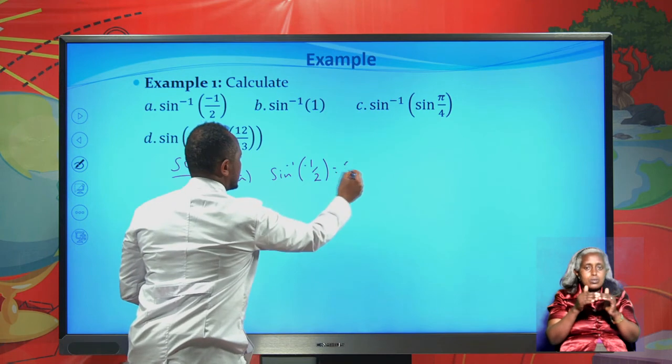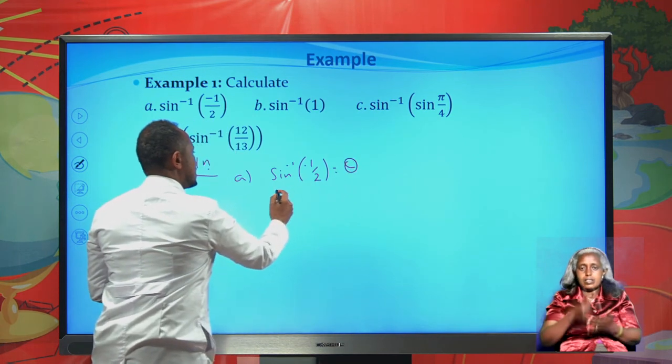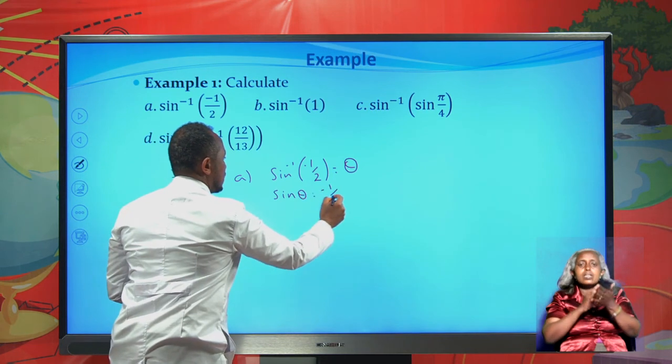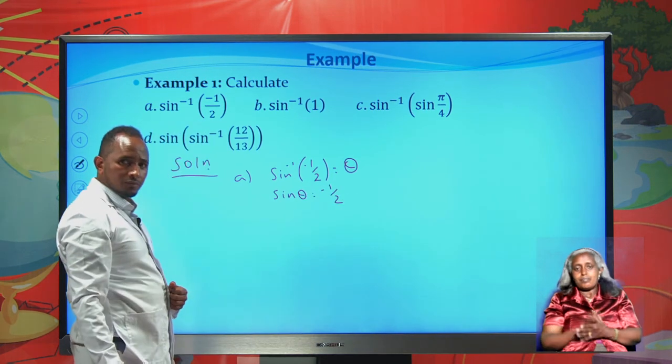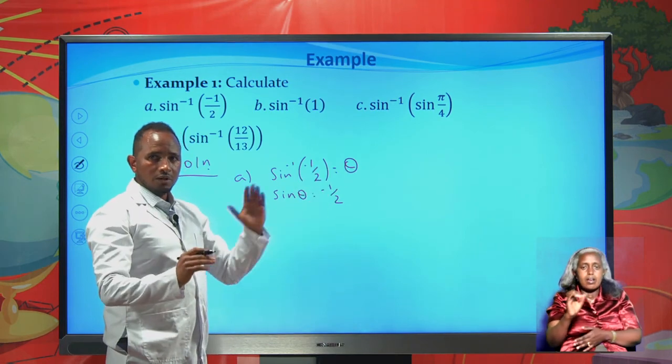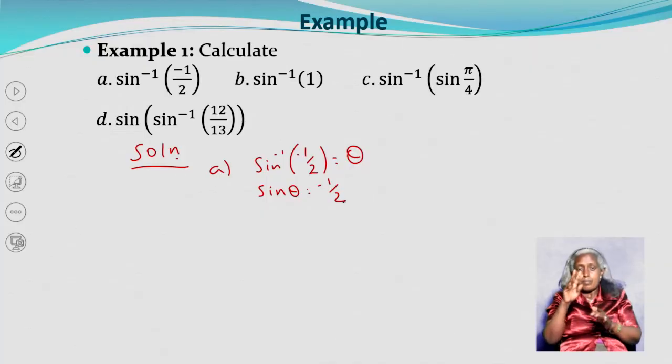Assume it is theta, so sine theta is negative 1/2, and this theta is between negative pi over 2 and pi over 2.